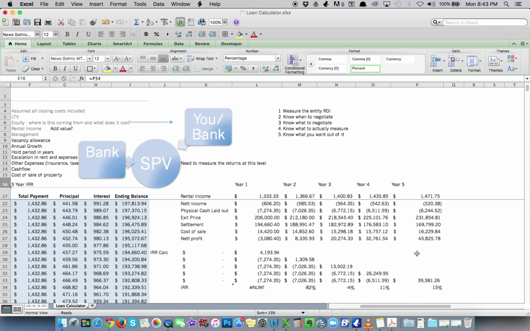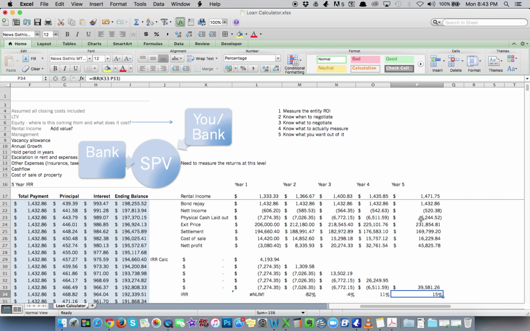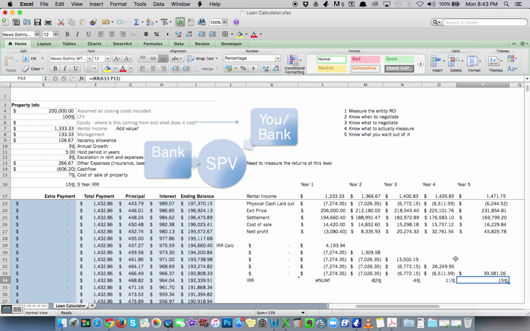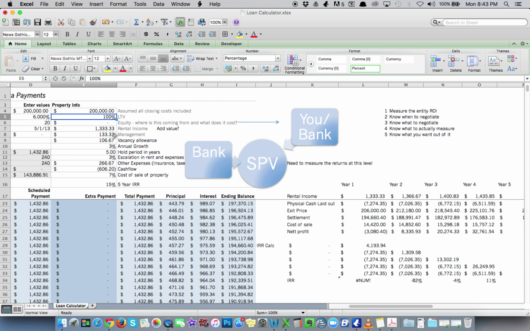So in year 5, we've laid out physical cash of $6,244 because that's the negative cash flow cumulative over the period. With our exit price, we're looking at a 15% internal rate of return on our money. So our money is growing faster because we're able to finance more of the property.